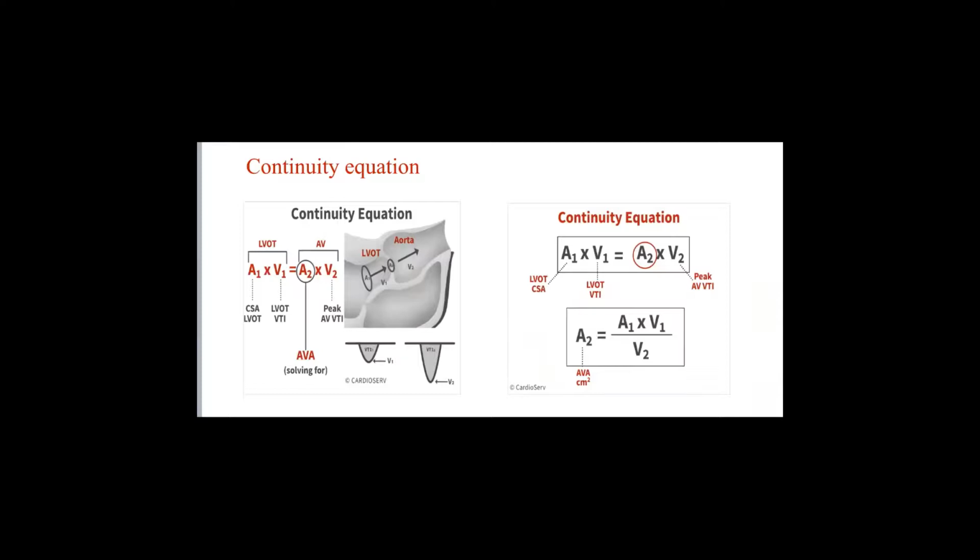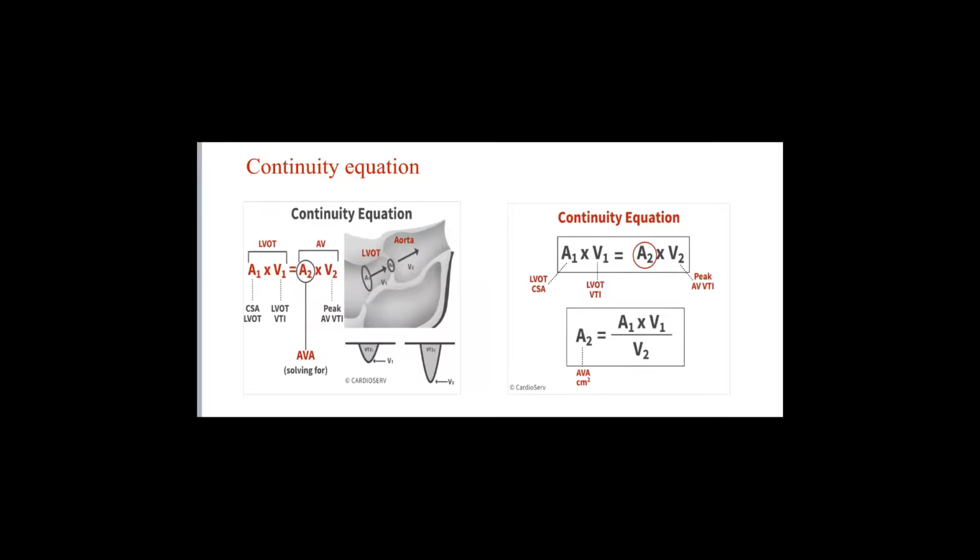Yes, it is basically used for the calculation of the aortic valve area. But it can also be used for the calculation of mitral valve area. Okay. Pulmonary valve, okay. And for regurgitation volume as well.